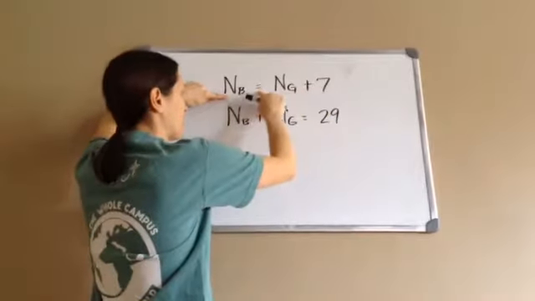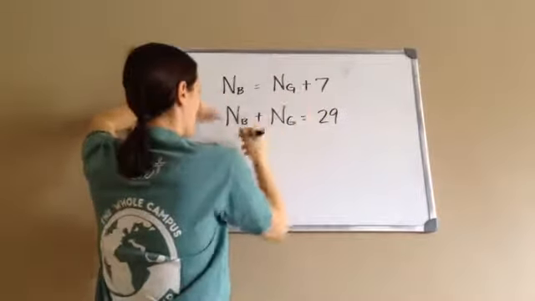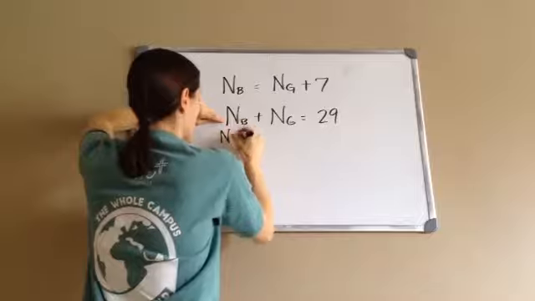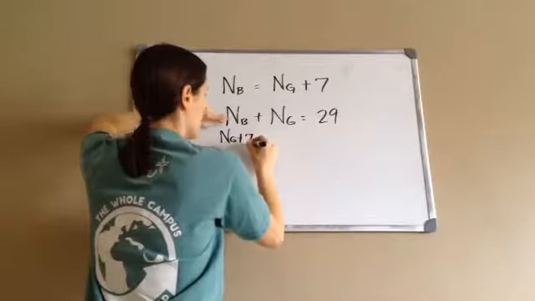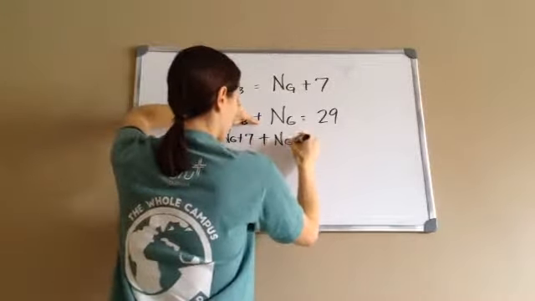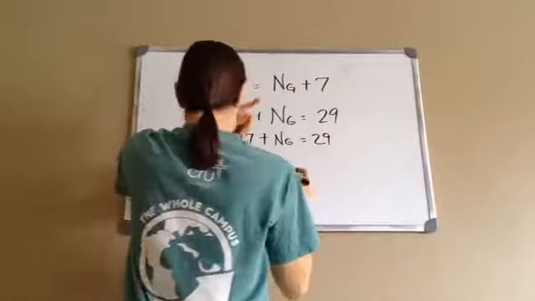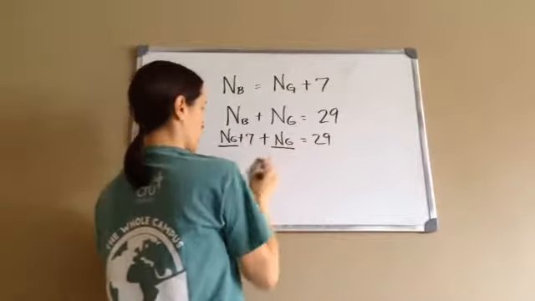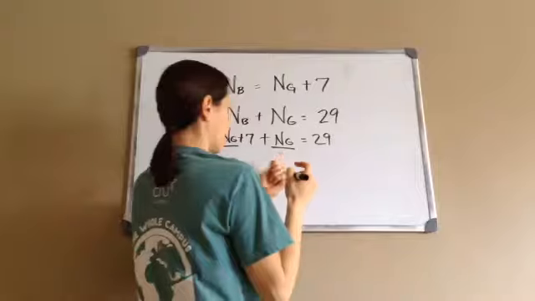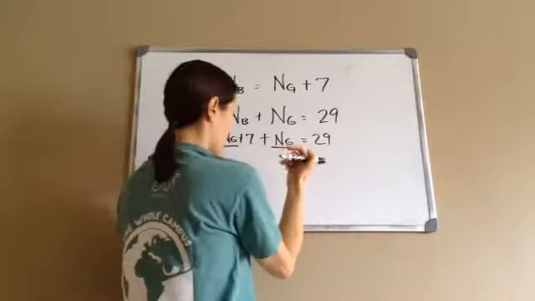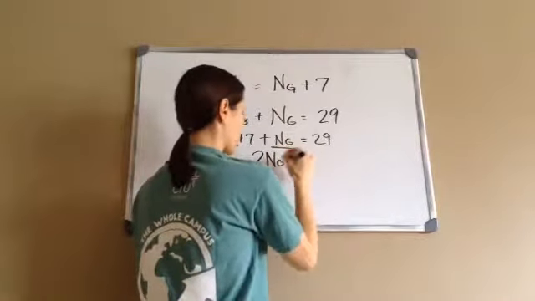So NB is NG plus 7. So where this NB is, I'm going to put NG plus 7, and then bring everything else down. See that? Now I add my NGs. 1 NG plus another NG would be like 1 dog plus another dog makes 2 NGs, or 2 dogs.